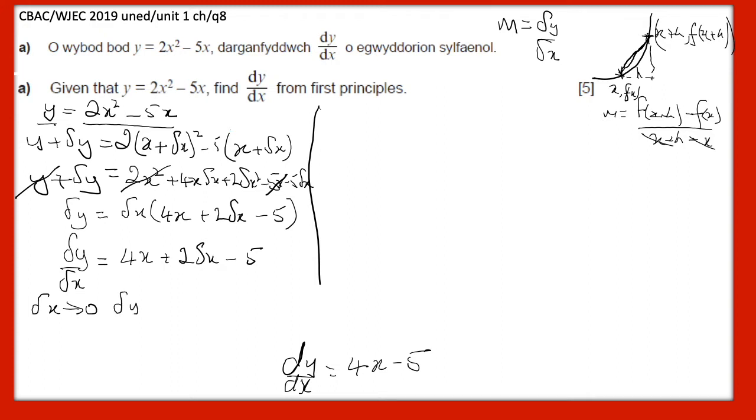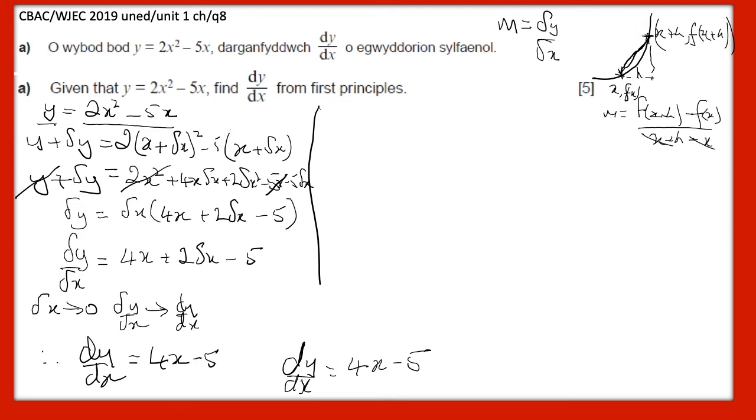My delta y over delta x tends to dy by dx, which is the gradient function, and any term that's got a delta x in becomes 0, hence dy by dx is equal to 4x minus 5.